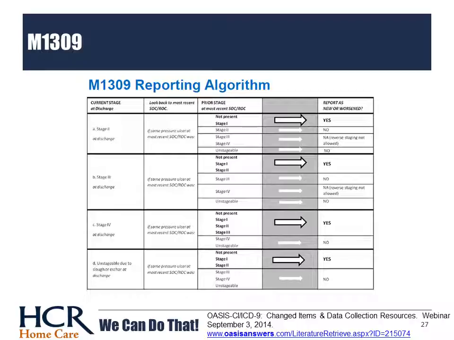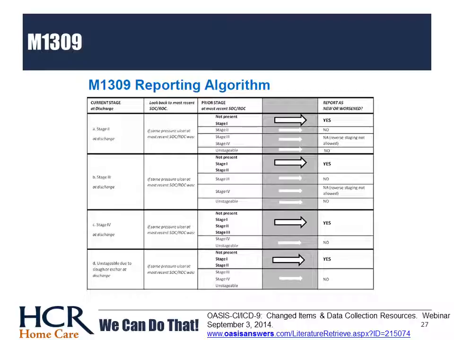That is where you would be indicating what the stage is at the time of your assessment, which we are inferring is the discharge. The second column is the look back to the most recent start of care or resumption of care.